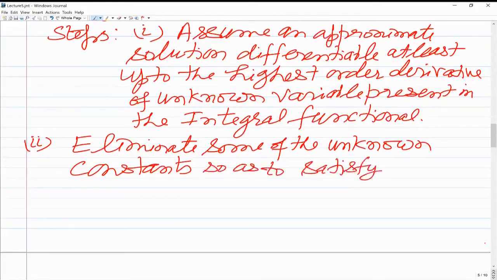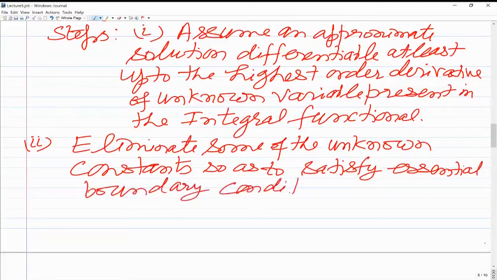And now we know what is the meaning of essential boundary conditions. And then the last step, the third step, is to find the remaining unknown constants by minimizing the integral functional.